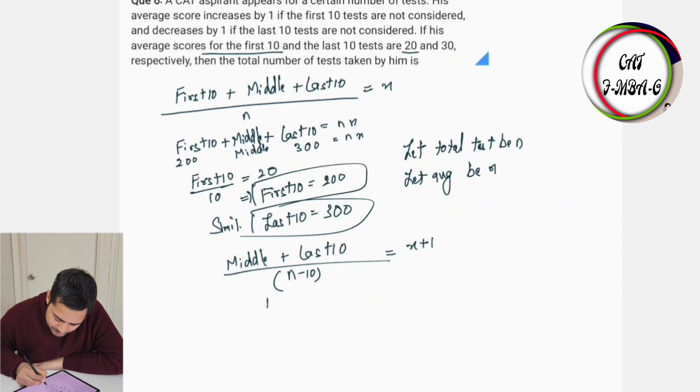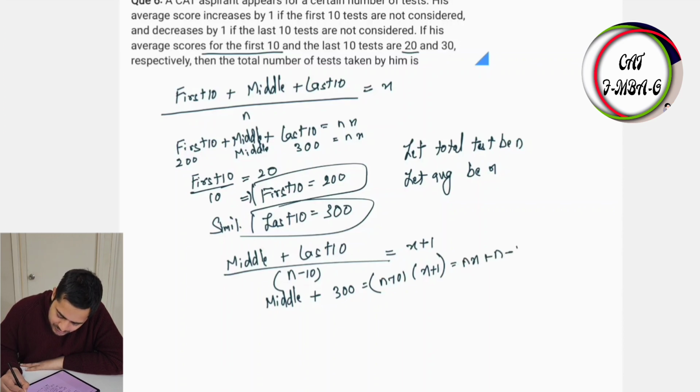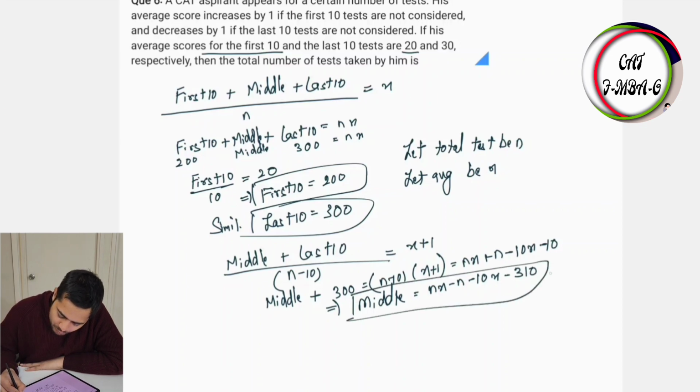That implies middle plus, the value of last 10 is 300, is equal to n minus 10 into x plus 1, is equal to nx plus n minus 10x minus 10. That implies middle is equal to nx plus n minus 10x minus 310. This is your equation number 1.